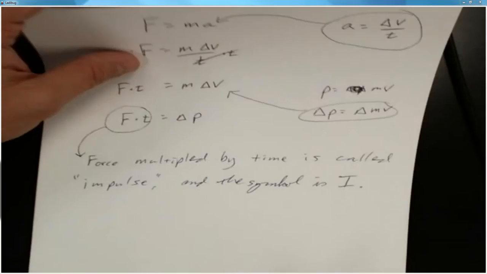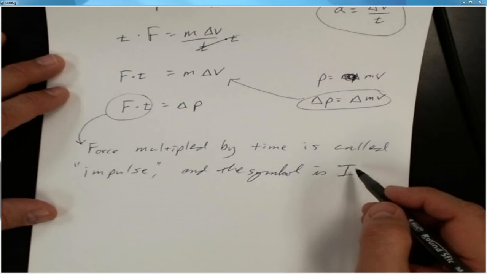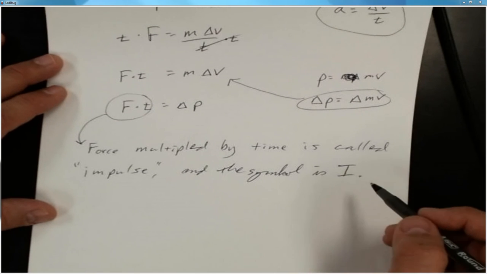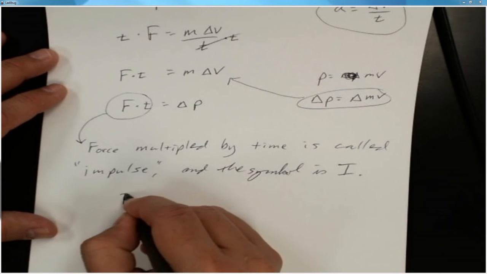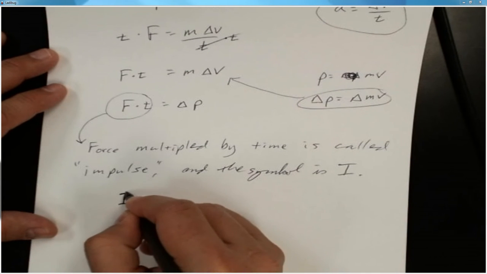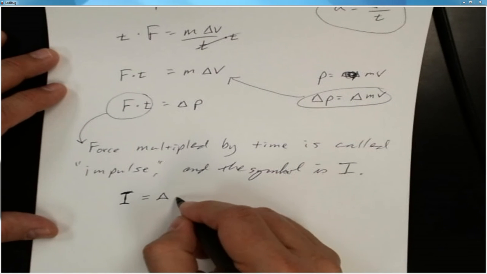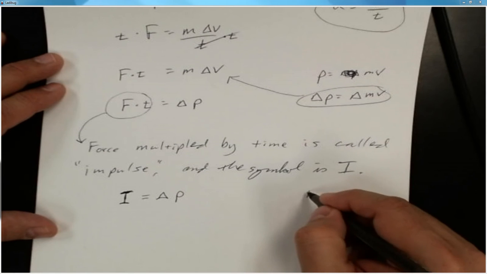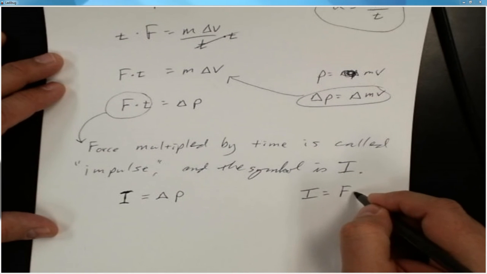But for now, you don't need to worry about that because all we're going to use I for in regular physics is for impulse. So then the equation becomes impulse is equal to the change in momentum. And impulse is also equal to force times time.